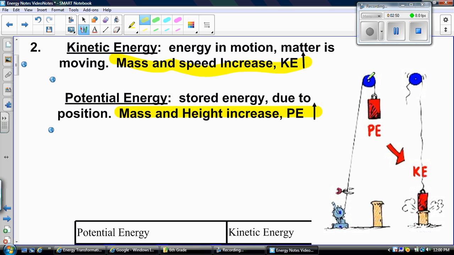So the higher this weight is dropped from, the more force it's going to have to push that big piece of wood into the ground. The higher you have an object, the more potential energy you have, and that potential energy can get converted into kinetic energy and apply more force. So let's take a look at some examples on potential and kinetic energy.